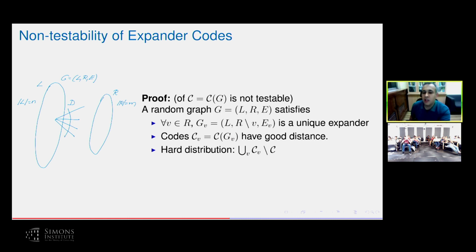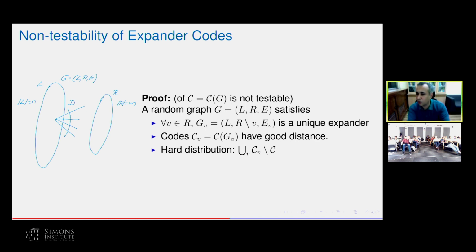Therefore, now I'm going to come up with this hard distribution of code words, which is supported on the union of all these CVs minus C. Basically, what we're going to do is pick one of the constraints at random on the right-hand side, violate that constraint, and satisfy everything else. That's the distribution of words we are going to use.